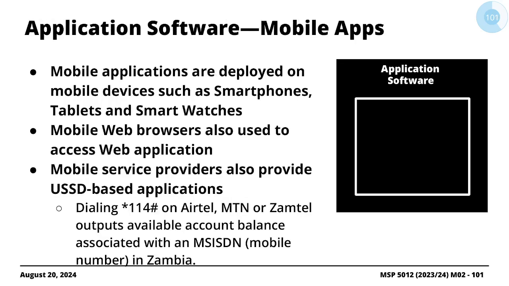So we have mobile applications, the things you find yourself downloading from the App Store on your phone. Then you have still another breed of mobile applications: your usual mobile browser, and also USSD-based applications. These are software services that we interact with using USSD codes.